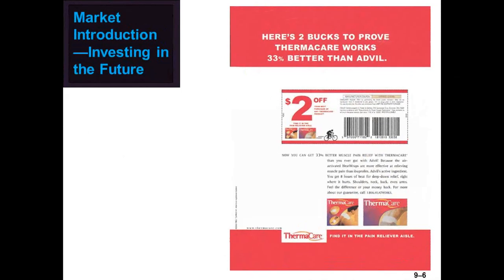In the market introduction stage, sales are low as the new idea is introduced to the market. Informative promotion is needed to tell customers and potential customers about the advantages and uses of the new product. In this ad, Procter & Gamble is announcing the introduction of ThermaCare pain relief pads.